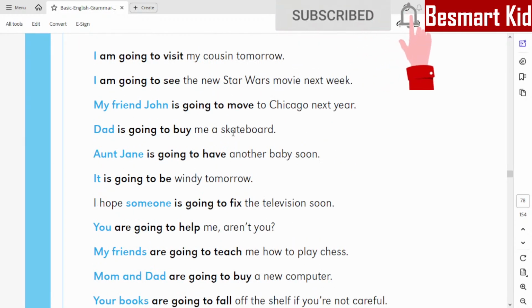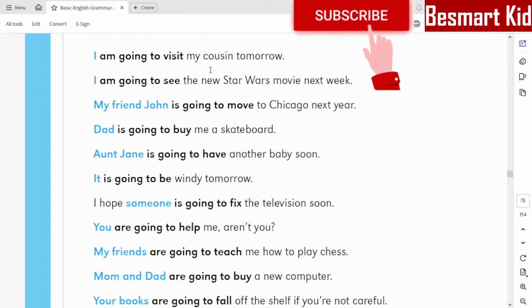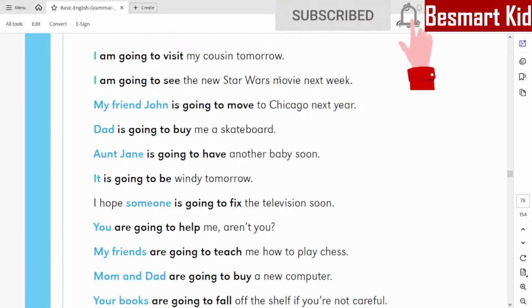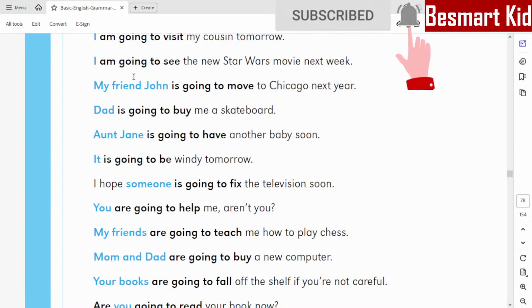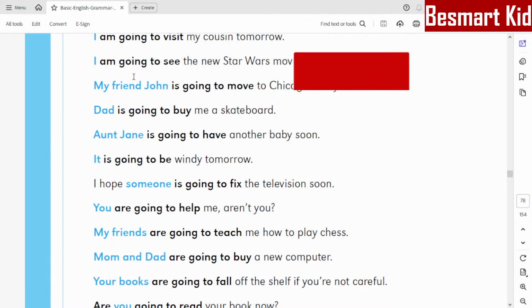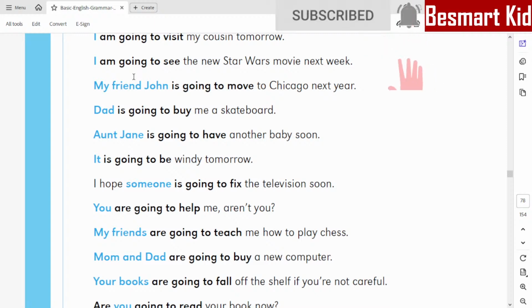I am going to visit my cousin tomorrow. I'm going to see a new Star Wars movie next week. My friend John is going to move to Chicago next year. Dad is going to buy me a skateboard.